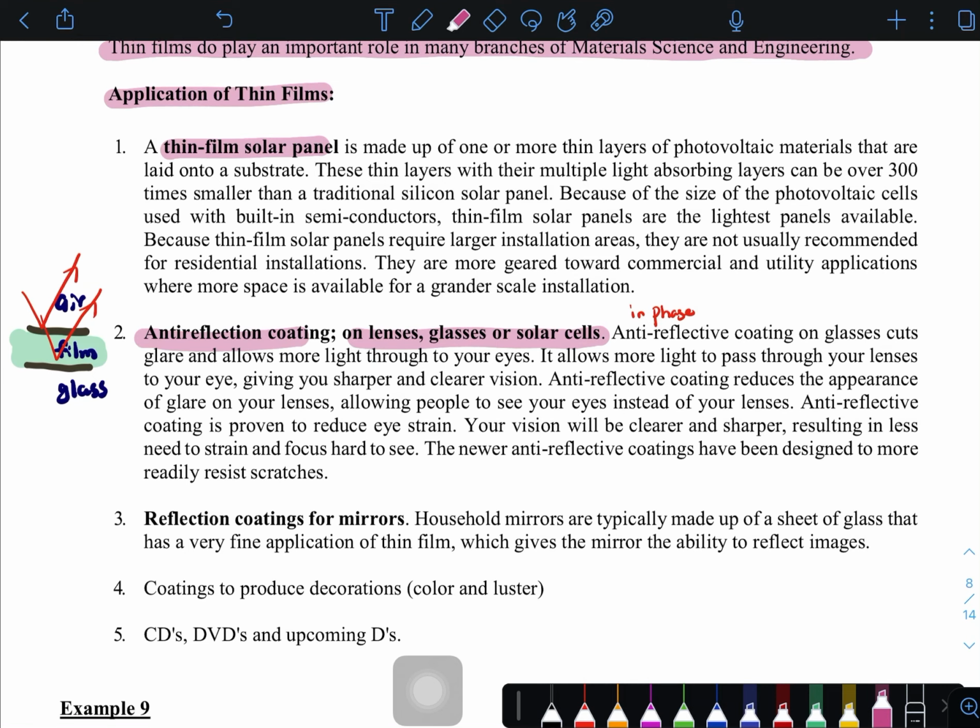Maksudnya you letak one lapisan of film dekat atas you punya spek mata, menyebabkan bila cahaya hit you punya spectacles, dia akan terpantul balik. So menyebabkan dia menjadi gelap lah. So it's anti-reflective coating on glasses, cut glares and allow more light through to your eyes. It allows more light to pass through your lenses to your eyes, giving you a sharper and clearer vision.